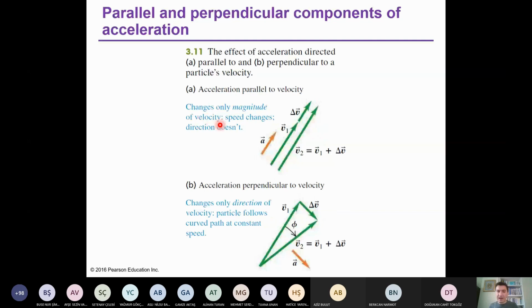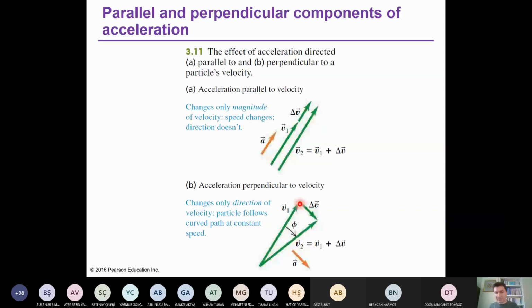But if you have a curved path, then acceleration is perpendicular to the velocity. So what we have here, as we have discussed in the previous transparencies, this is velocity 1, this is velocity 2. The magnitude of v1 is equal to the magnitude of v2. Only their directions are changing.